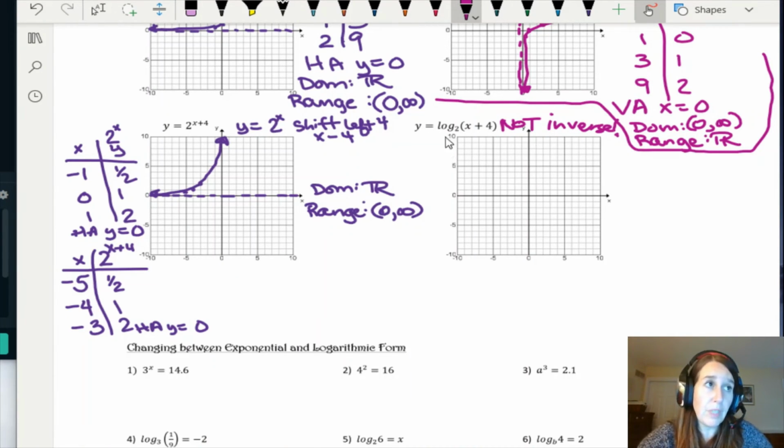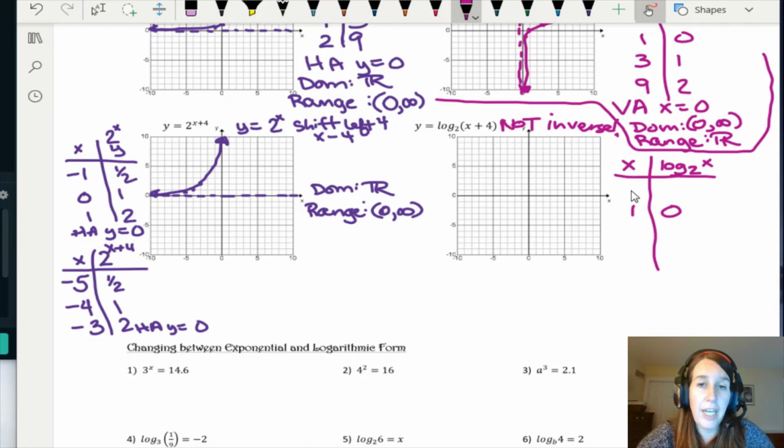So I think that we should just graph this using transformations the way we just graphed the exponential using transformations. So our original log graph would be, here's x, and y would be log base 2 of x. Now I'm just using log base 2 because I want to use this base that they've given me. That will help me graph. And remember, for the logs, instead of having 0, 1, I would have 1, 0.